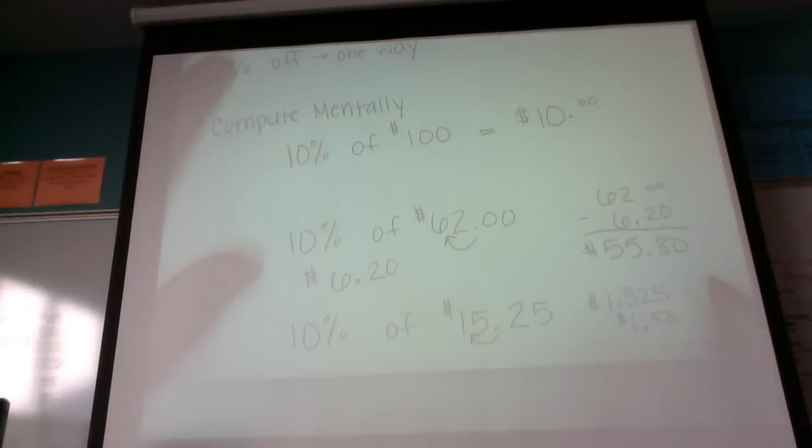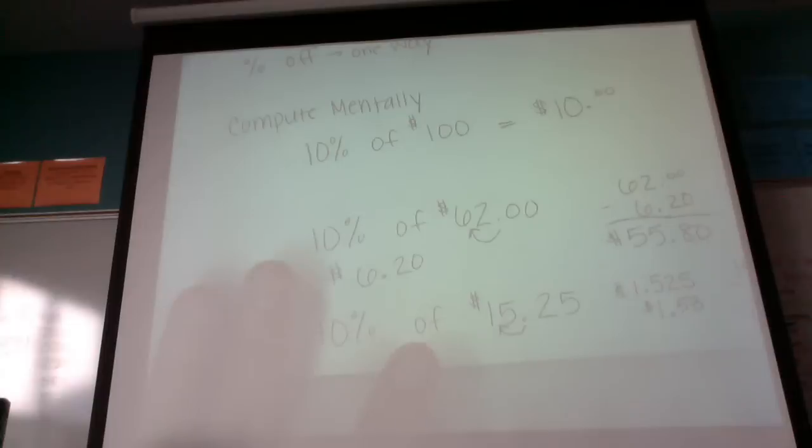Then I could take $15.25 and subtract $1.53 from it to get my new total here, which would be $13.72 is going to be the new price. So if you're shopping in a store, it's easy for you to figure out what 10% is of that number, because you can just move that decimal point over from the original price.